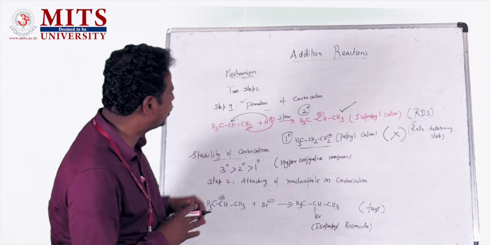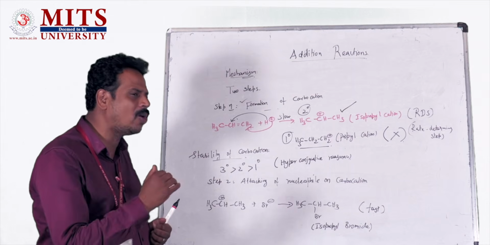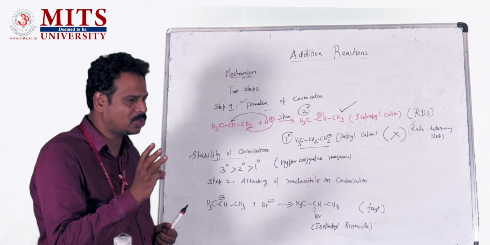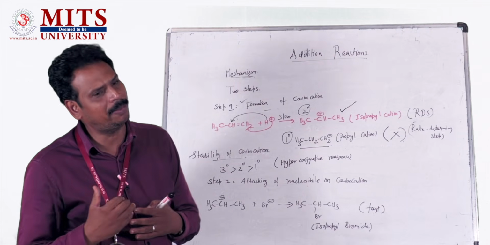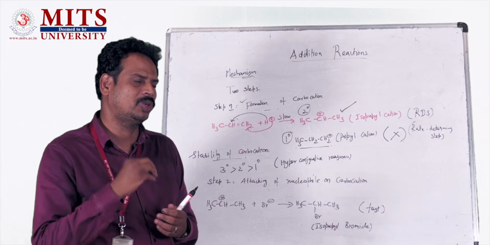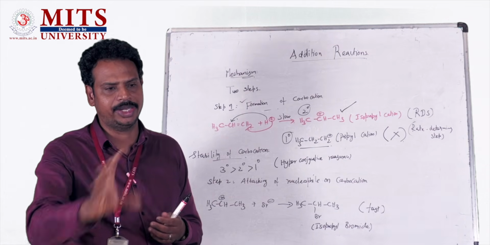So I hope you understand the electrophilic addition reactions that involve two steps: one is a slow step, the other is a fast step. Like this, you can take many other examples and work on them to understand the mechanism of electrophilic addition reactions.